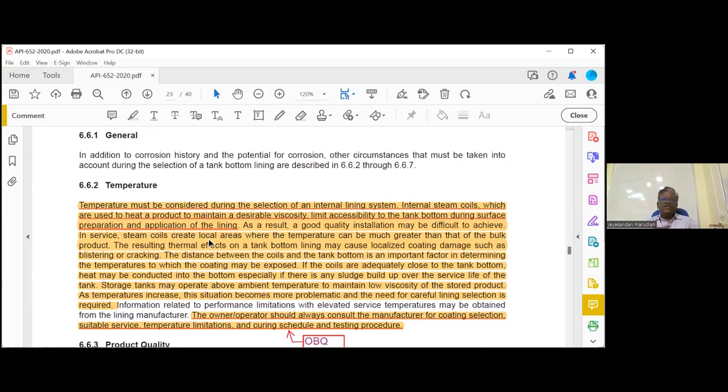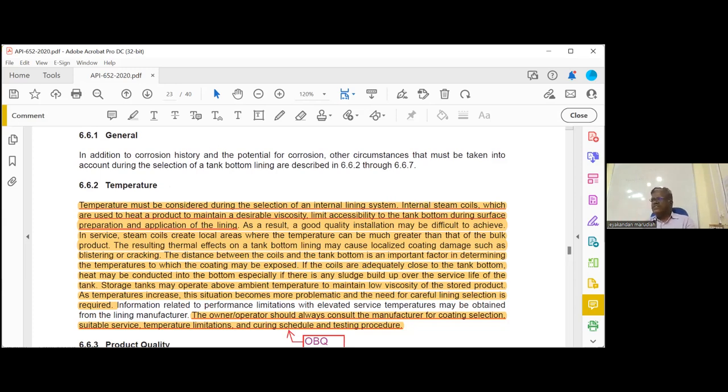Temperature. What temperature do we have to apply it at? Temperature, humidity, and surface preparation are important factors. Temperature must be considered during selection of an internal lining system. Suppose you have a heated tank: the lining selection should consider the storage temperature, the humidity inside, and what product you are going to store, because the lining should not react with the product.